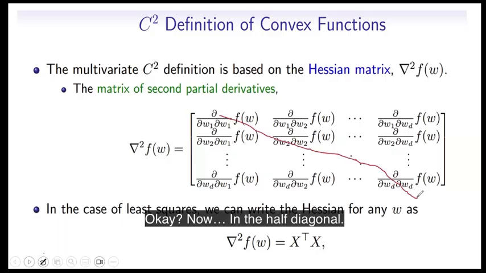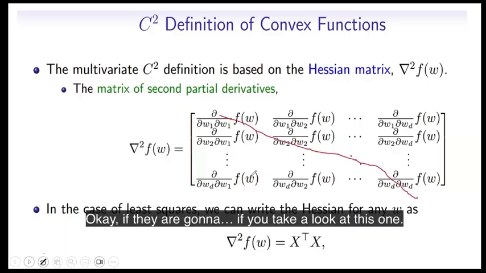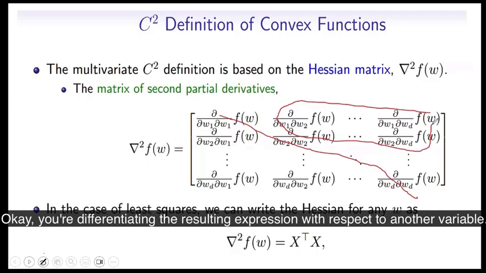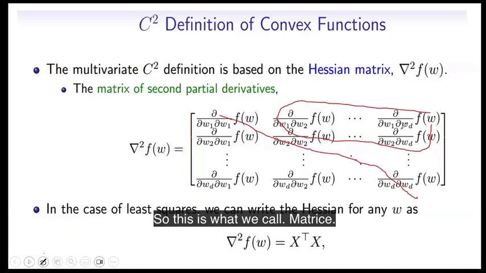Now, in the off-diagonal, you differentiate with respect to W1 the first time, and when you differentiate again, you differentiate the resulting expression with respect to another variable. So this is what we call the Hessian matrix.